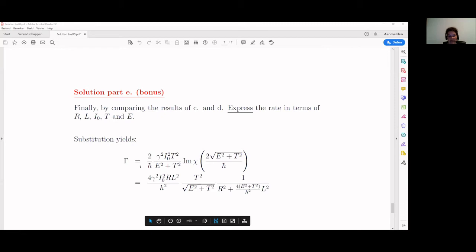So you'll have something like this. Now gamma, which is the decay rate of the qubit coupled to this bosonic environment, can be expressed in terms of R and L and the qubit parameters E and T and some constants as this thing here. Usually in your homework, I see different varieties, but most of the time they boil down to the same expression here. So we will check it for you.